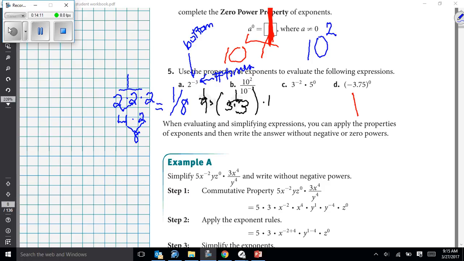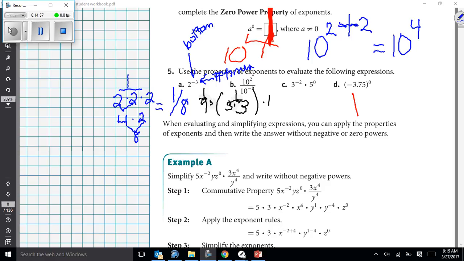So we have 2 minus a negative 2, because our value down there is negative 2. When we subtract a negative, what do we end up doing? We end up adding. So 2 minus a negative 2 turns out to be 2 plus 2, which is 10 to the 4th.